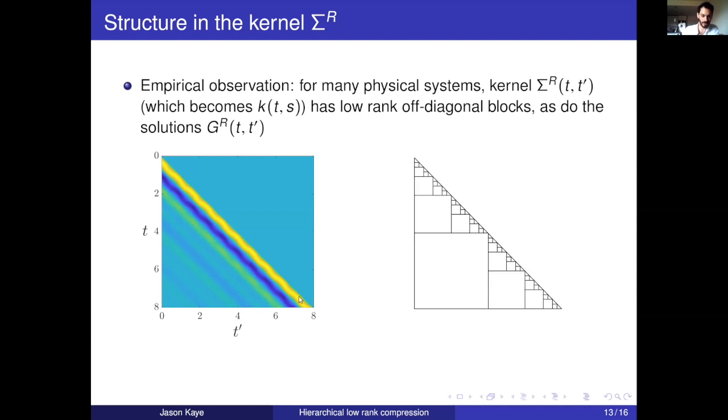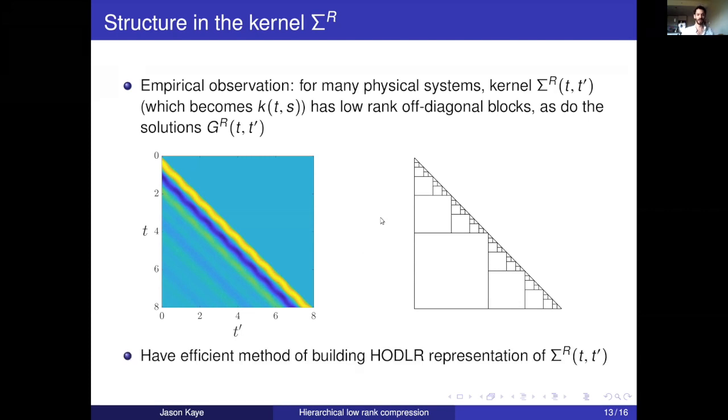These kernels look very similar. Basically, we're going to superimpose this Hodlr structure on top of this and compress this matrix in this way. I'm not telling you how we build up that compressed representation.